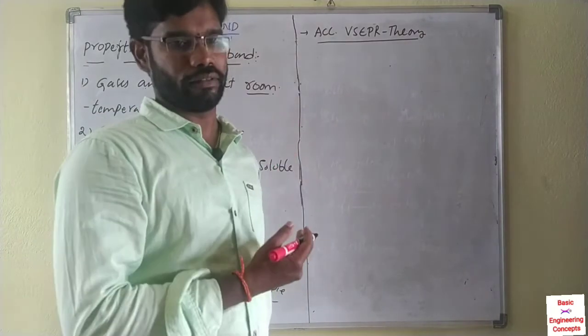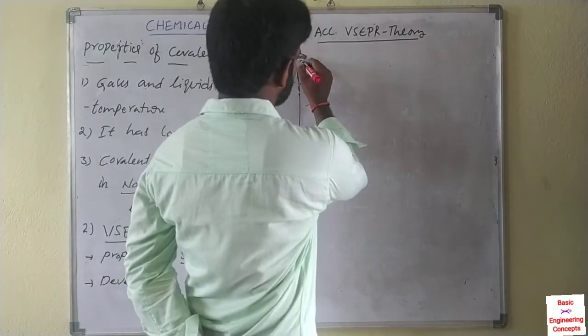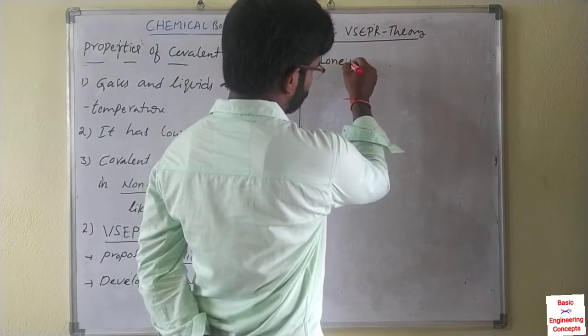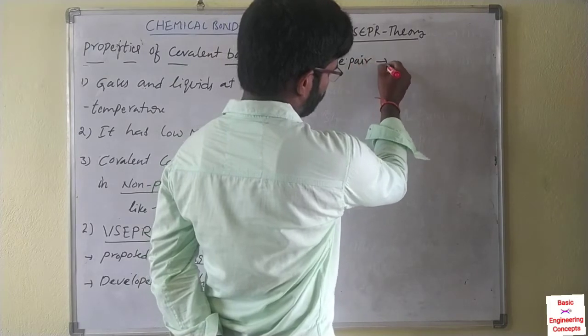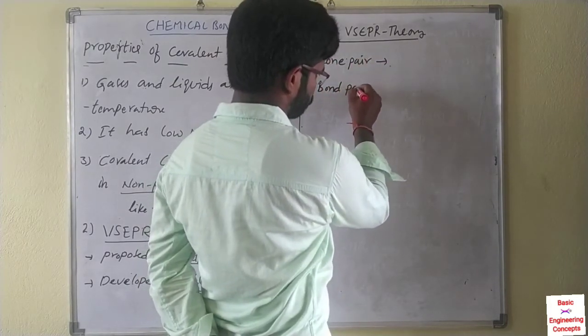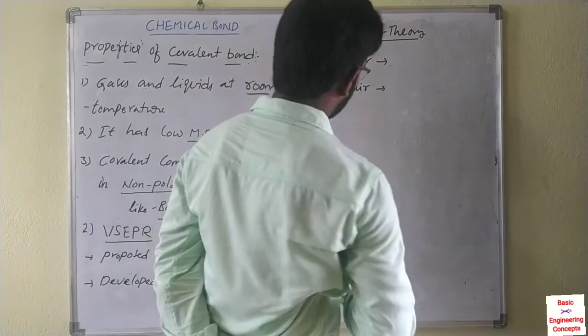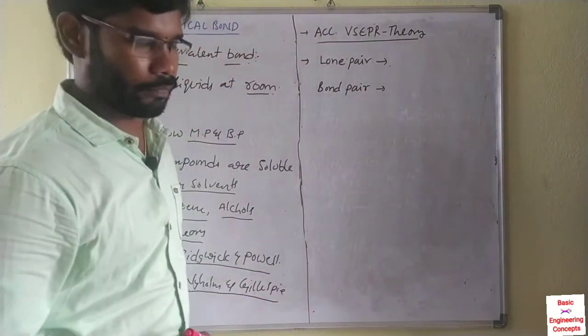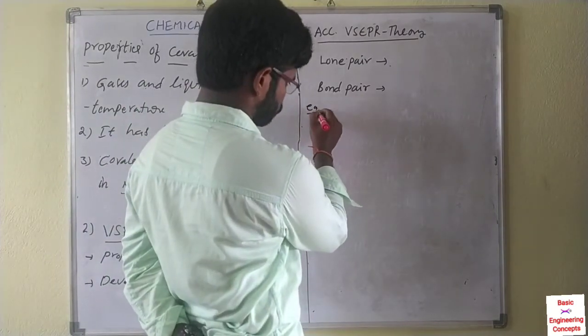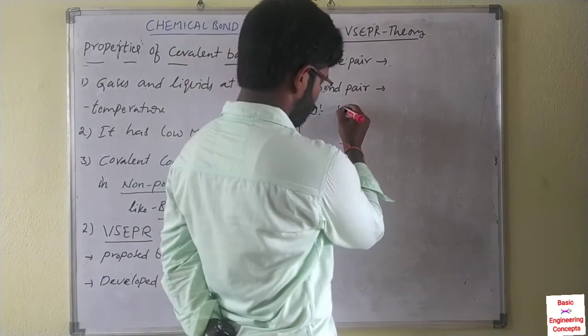First identify that. Lone pair and bond pair are very important. So what does lone pair mean and what does bond pair mean? For example, fluorine.